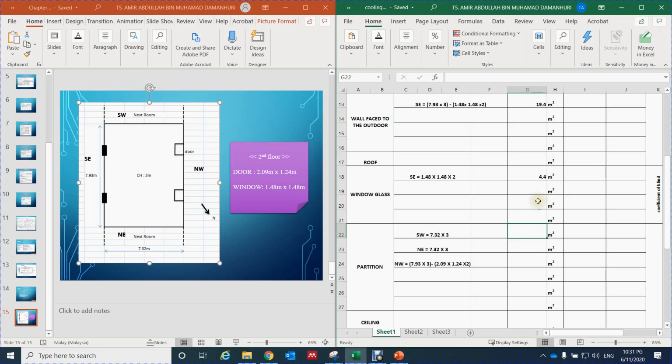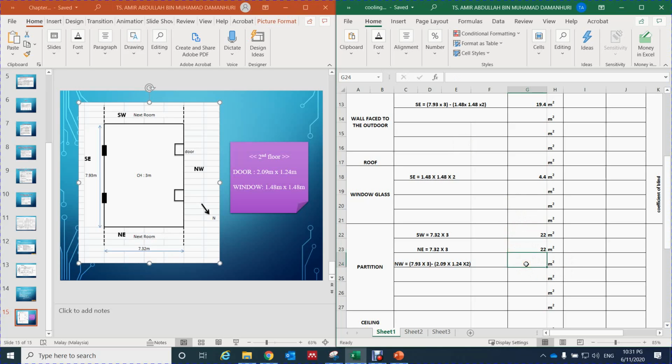All right, so the partition that we have here is southwest, 7.32 times 3, so we get about 21.96, or we can put here 22 meters square. We just round the number, and then the northeast is also the same, 22 meters square.